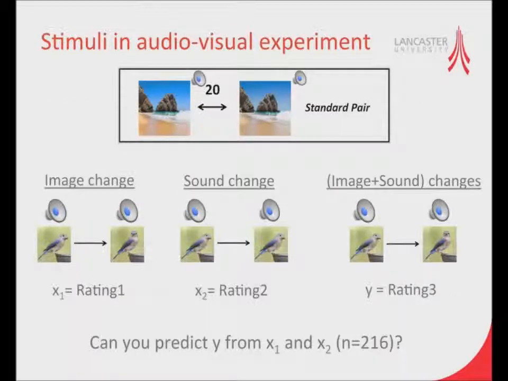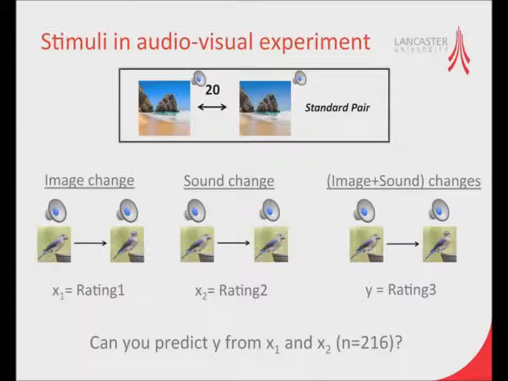And in this experiment, this is the standard pair. So people will see the image when they hear the sound, but when the sound disappears, the image disappears as well. Okay. And I asked observers to rate the whole sensory experience, so not just the audition or not just the visual. Okay, it's quite difficult. And a combination set would be something like this in this experiment.